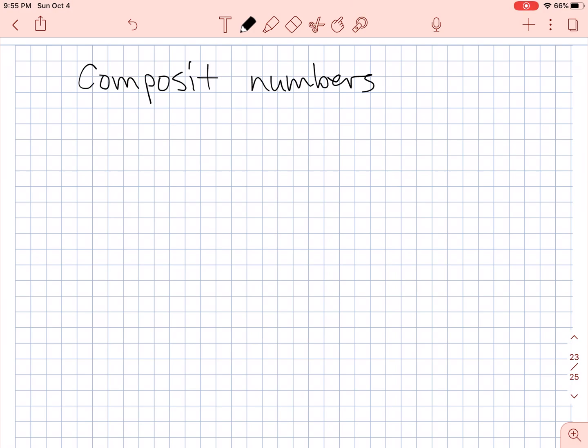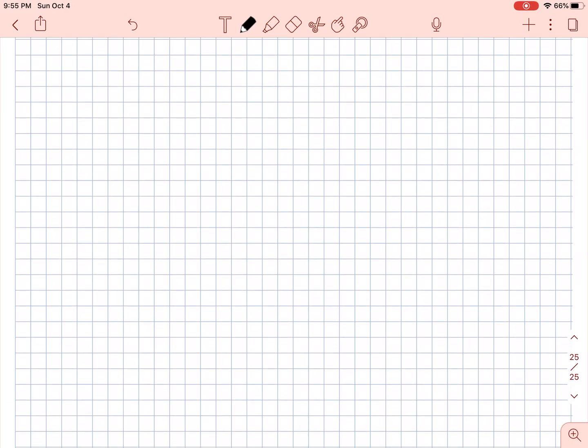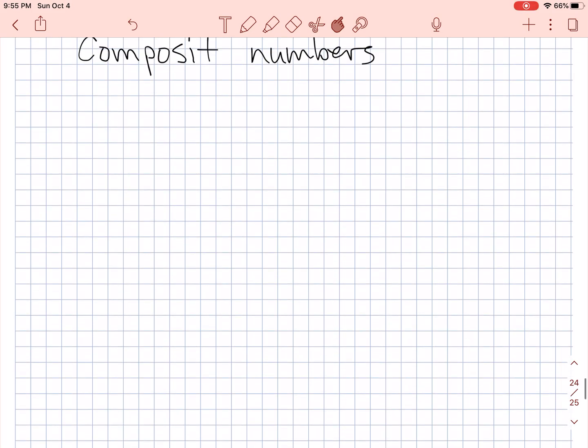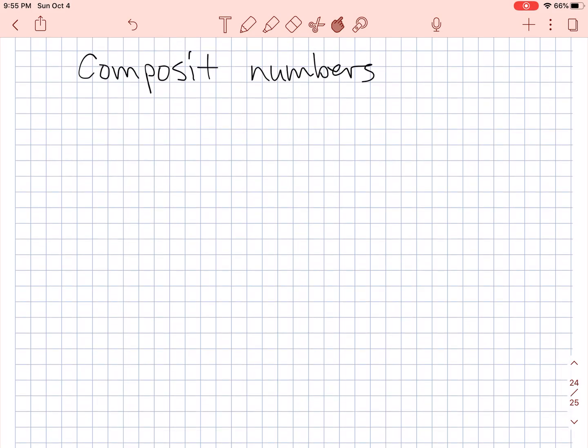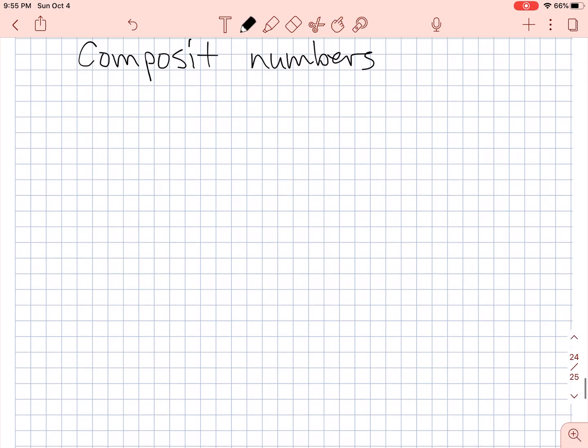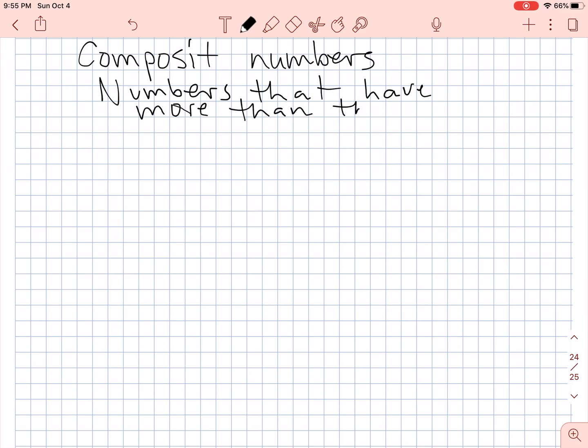Composite numbers are numbers that have more than 2 factors.